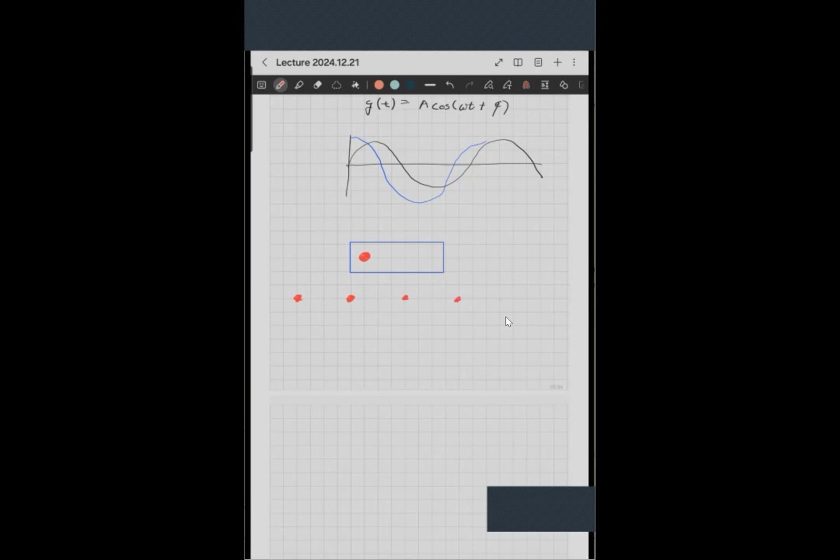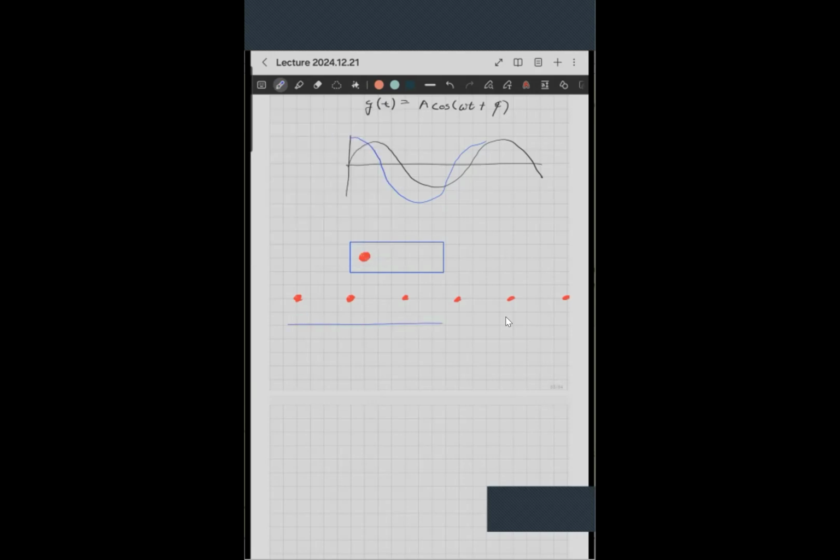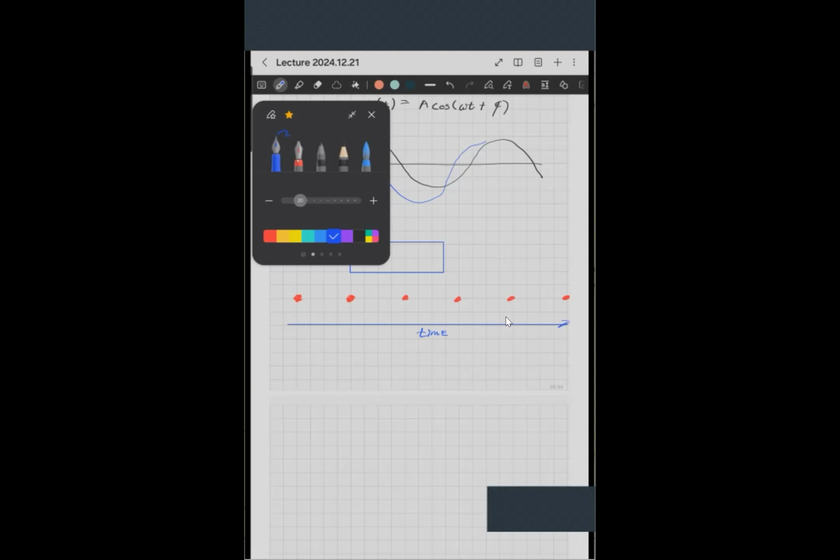Which means that in time, here, it's blinking. So what this is, time, okay? And then the other car, let's change colors for the other car just for the sake of argument.